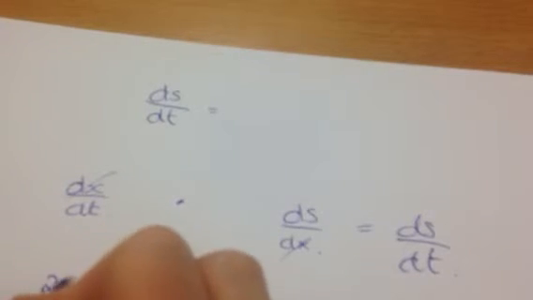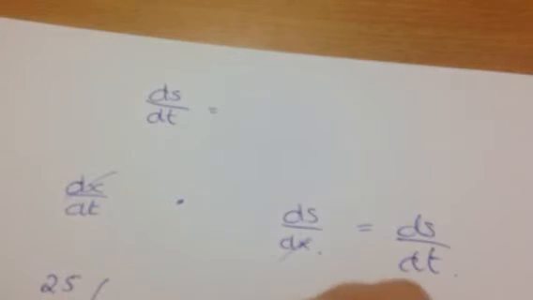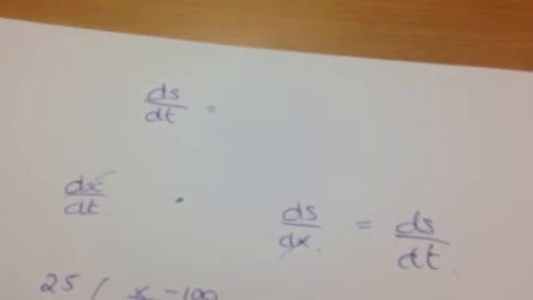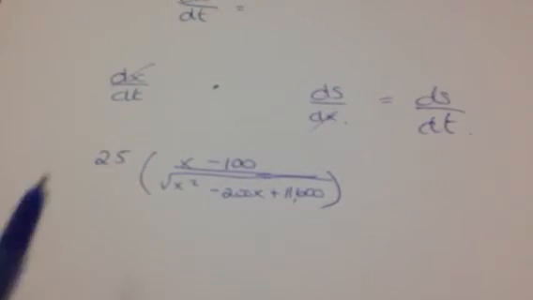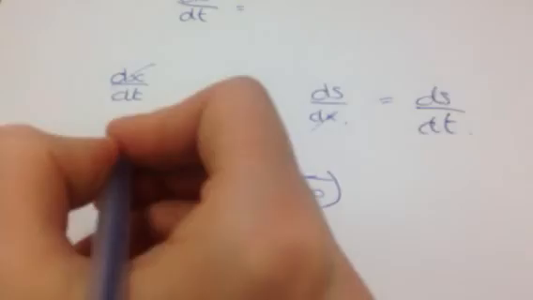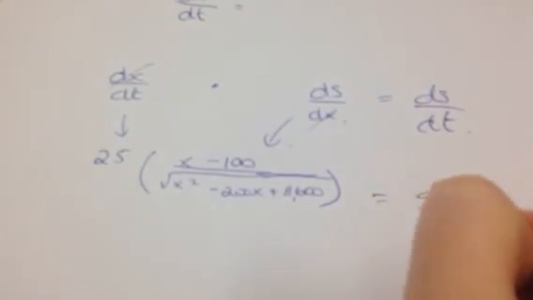So I'm just going to get dx dt, which they said at the very start of the question is 25. I'm going to multiply it by what I just worked out there, which is ds dx, which is x minus 100 all over the square root of x squared minus 200x plus 11,600. So that is that multiplied by that is going to give me ds dt.